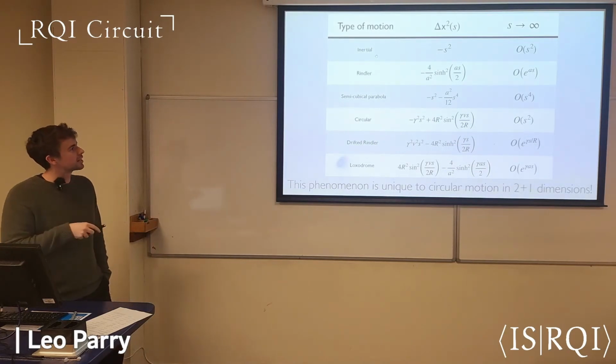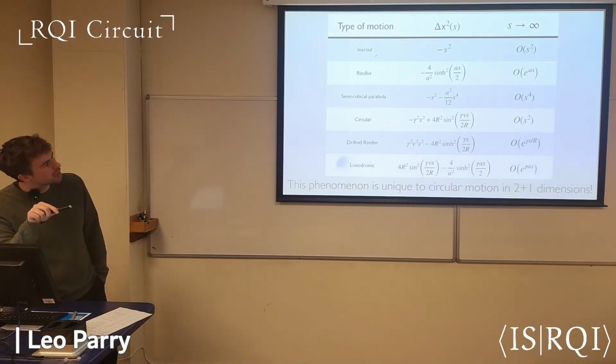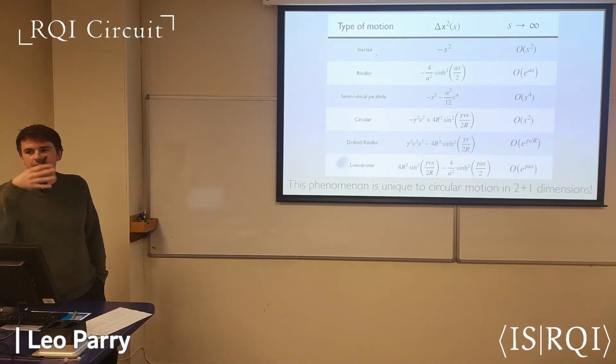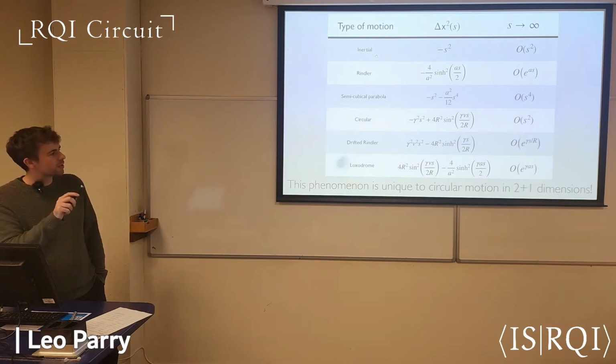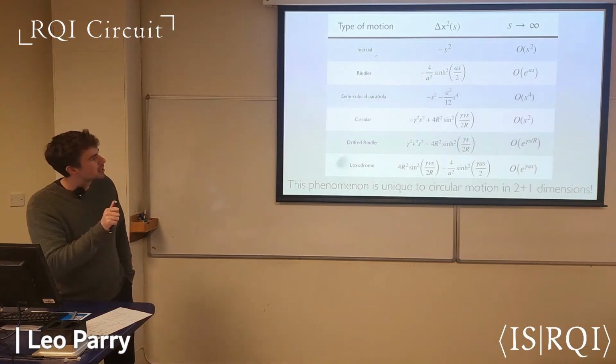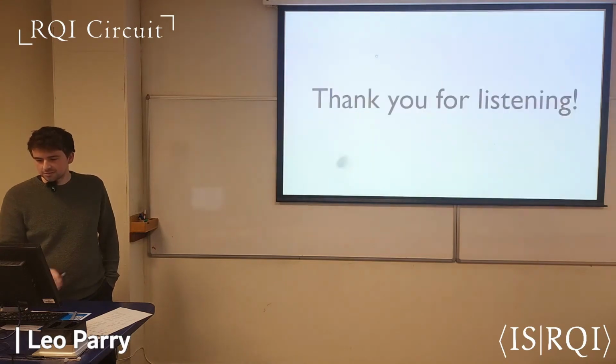So we're not interested in that case. The only other one is circular motion. The other world lines, their delta x squared dies fast enough so that we can use the dominated convergence theorem. So this phenomenon is unique to circular motion in 2 + 1 dimensions. And yes, thank you for listening.